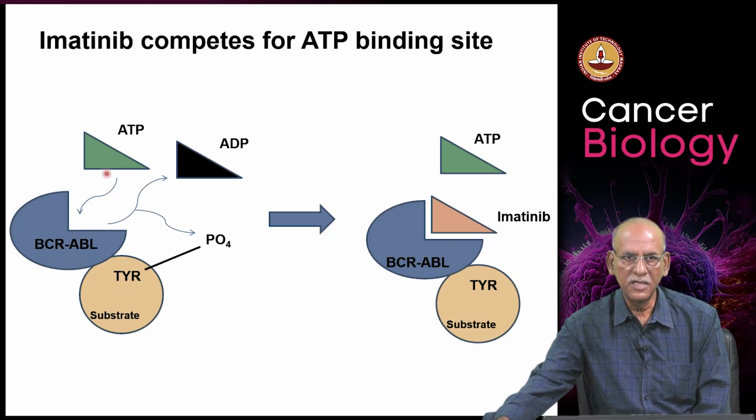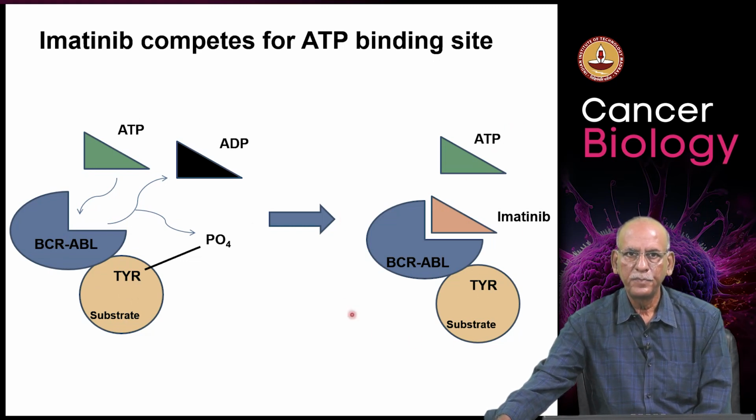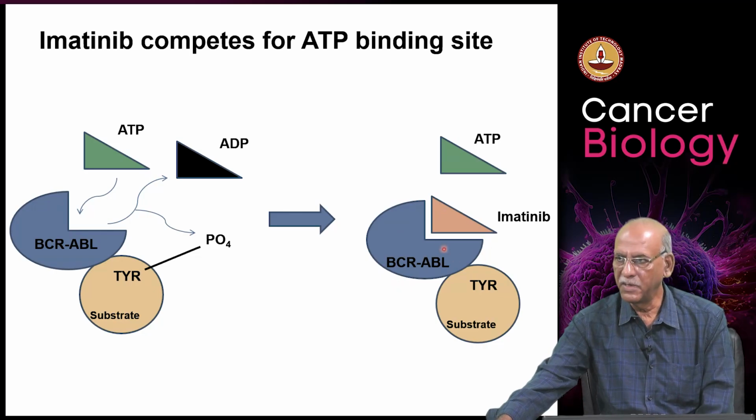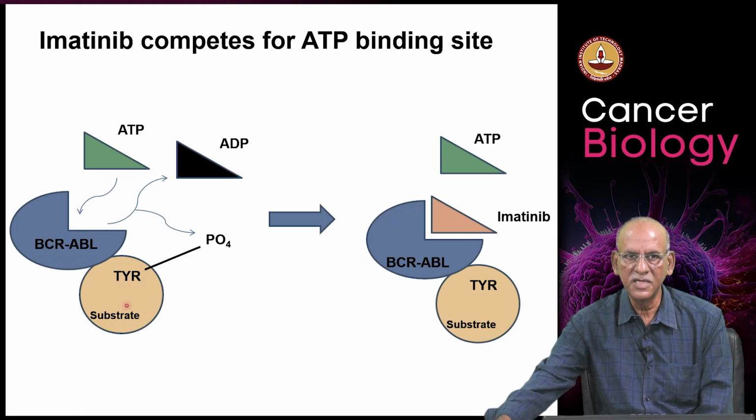So this is the normal reaction, whereas now if you add imatinib, it will not allow ATP to bind, it will competitively inhibit ATP binding to BCR-ABL, which is the enzyme. See, the blue one is the enzyme, this is the substrate. Whatever it is phosphorylating must have a tyrosine residue which is phosphorylated.